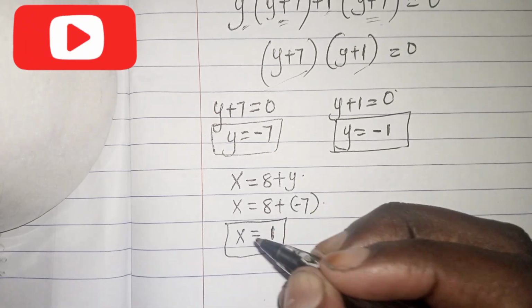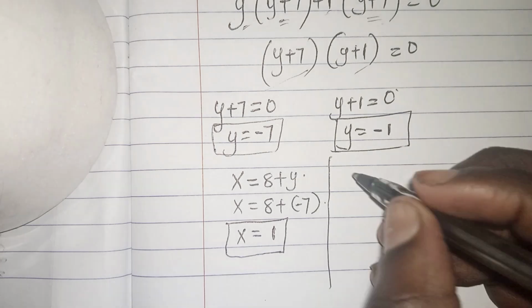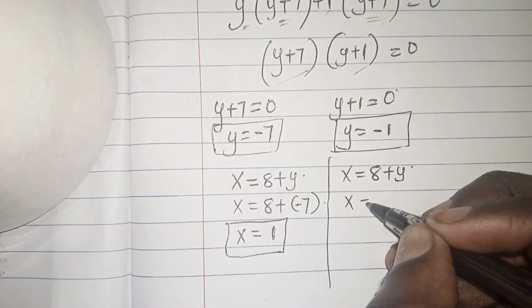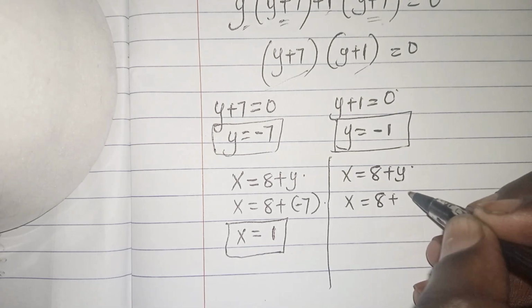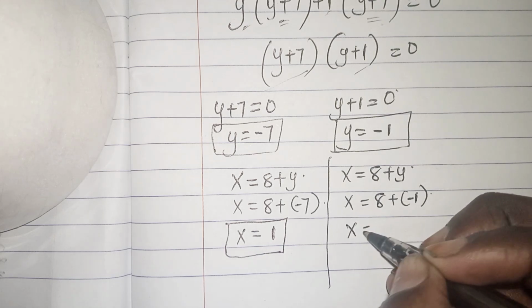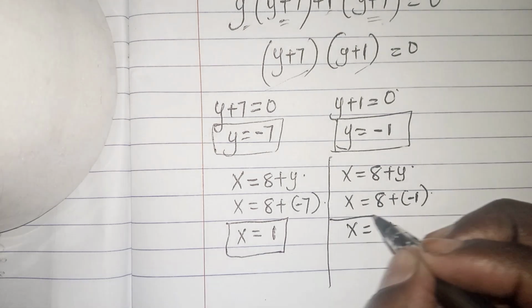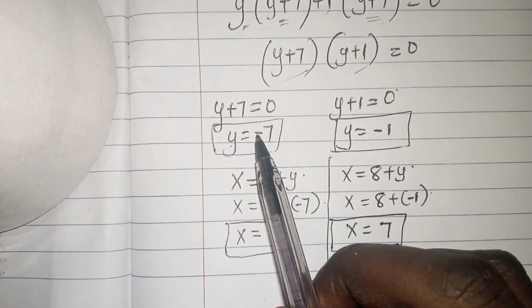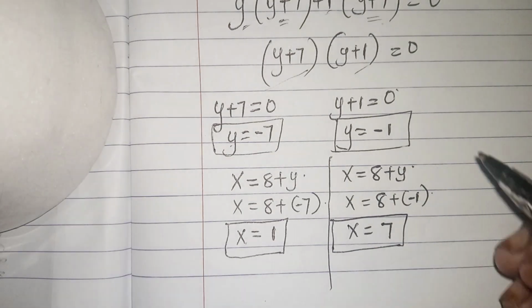So this is the value of x. And on this side, x is equal to 8 plus y. x is equal to 8 plus negative 1. So x is equal to 7. So when y is equal to negative 7, x is equal to 1.